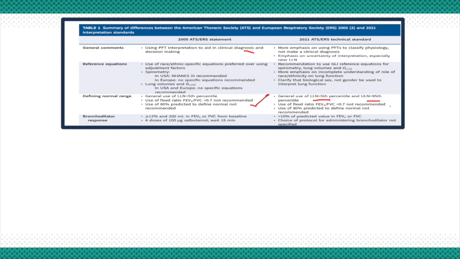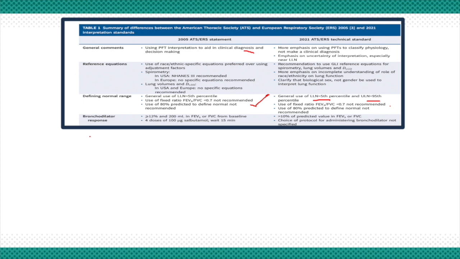Another major change is in bronchodilator response. We'll be doing an example of this in the next video. Earlier, whenever we looked at post-bronchodilator values, a cutoff of more than 12% change in FEV1 or FVC and 200 ml was taken as a bronchodilator response, and there was a fixed dose criteria of 4 doses of 100 micrograms salbutamol and waiting for 15 minutes.